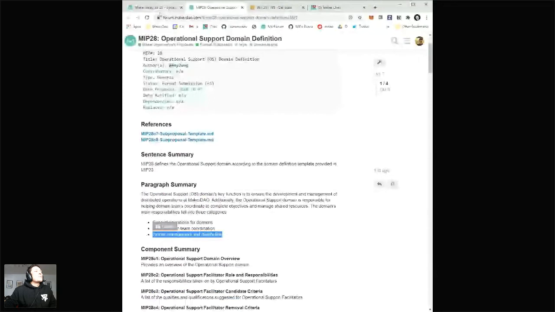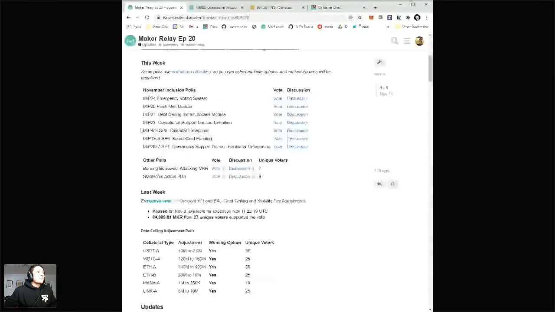All right, cool. And then the other couple of MIPs in the inclusion polls are the calendar exception MIPs, which is almost like a bank holidays type of thing, where basically it's saying that for the month of December, the monthly governance cycle is going to be skipped.